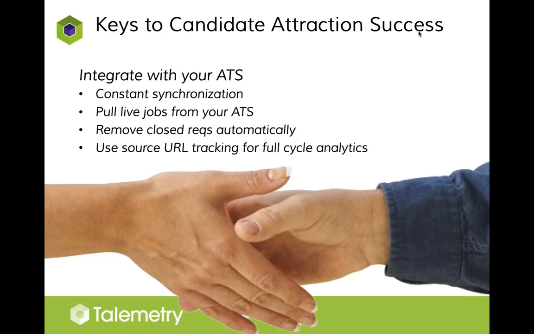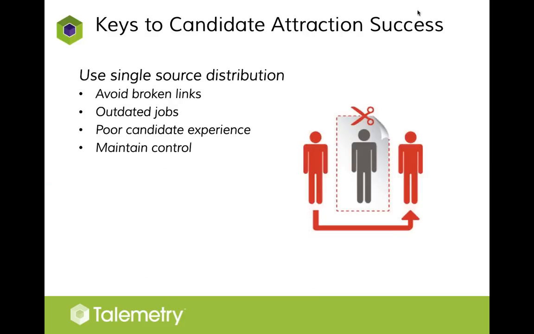Well, now we want real-time or near real-time synchronization between our ATS and our job distribution channels. So you want to pull the jobs live from your ATS. You want to have near real-time synchronization for those jobs so that you know that jobs are pulled out of your distribution tool as soon as they're closed or put on hold. And you want to be able to use URL tracking so that you can get your full cycle analytics in. So as you push the job out, you're pushing it out with tracking code that's going to allow for automated tracking when it comes back in.